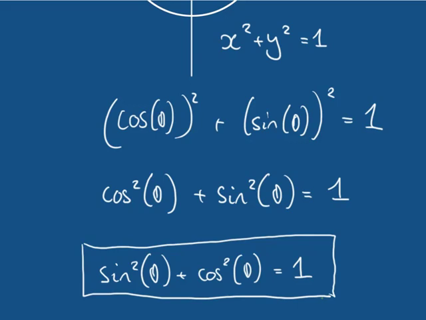It can also be very useful for deriving and proving more complex trigonometric identities, though we won't actually see that in this DVD. But if you get into more advanced trigonometry and you start looking at some of the more complicated identities that are, for example, on that Wikipedia page, you will see that sine squared theta plus cosine squared theta equal to 1 can be used to prove these more complicated identities.